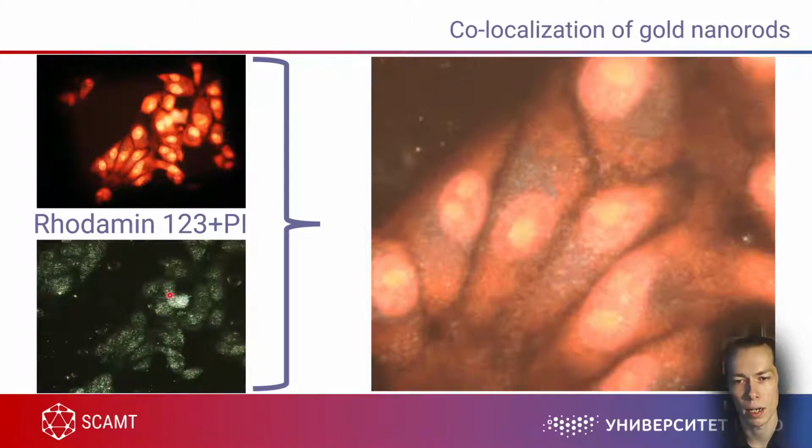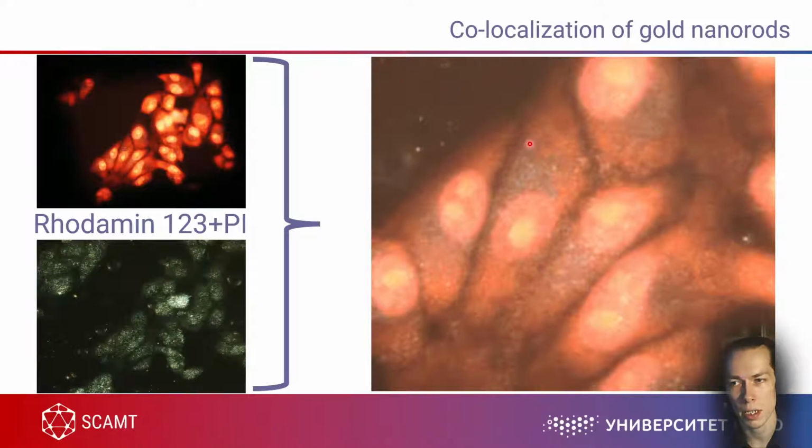And here you can see some dark field microscopy, and some of these bright dots, especially the brightest ones with a yellowish gold color, are gold nanorods, so gold nanoparticles. If you merge both of these images, you will observe this.